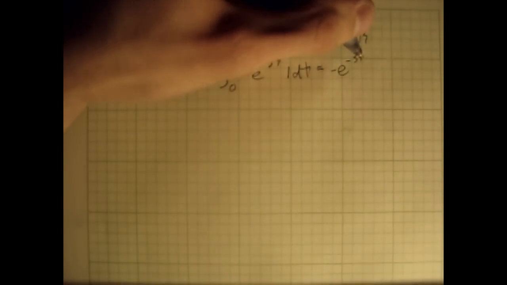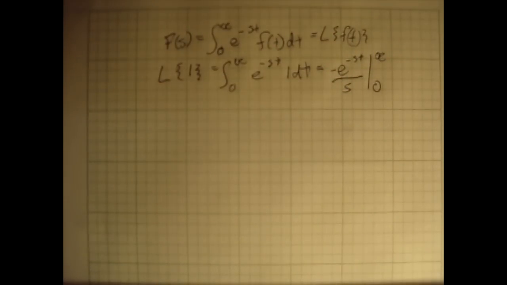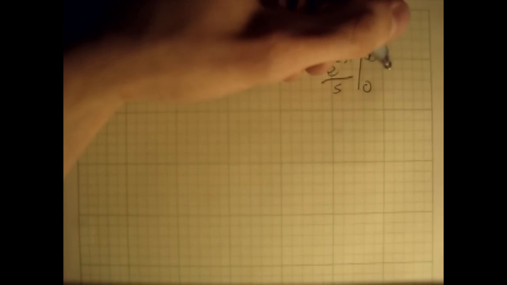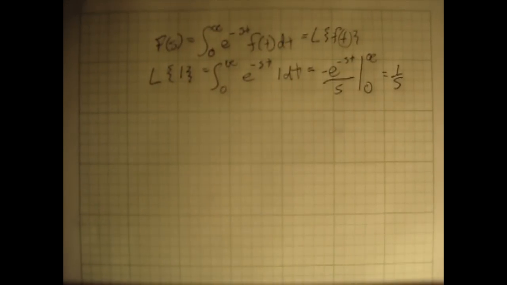It's equal to negative e to the negative st over s from 0 to infinity. And without going into too much work, just plug in the limits. That is equal to 1 over s. So that's a quick minute and a half review of what a Laplace transform is.